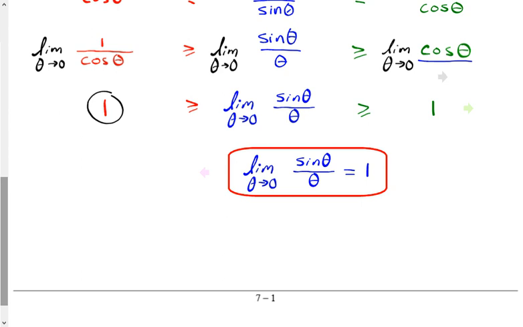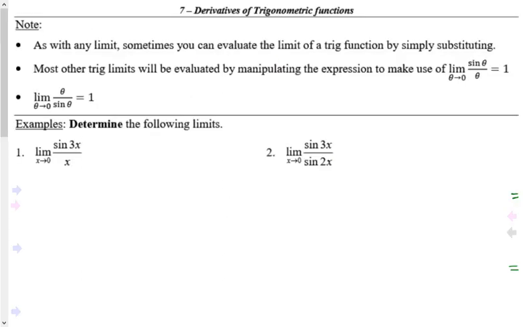Well, this is the key limit that we will use to determine many other limits of trig functions. So here on the next page, as with any limit, sometimes you can evaluate by simply substituting. So we'll try that. In some of the questions in your textbook, you'll be able to just plug in a value, evaluate, and you're done.